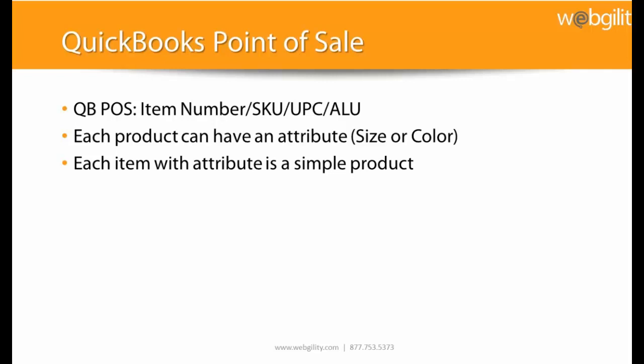If I have the same glasses in red, I can see that I have that pair in red, and I want to be able to maintain inventory for that specific one. So even though you've got one style of glasses, because there are different colors and each is a physical unit, each item with an attribute becomes a simple product.